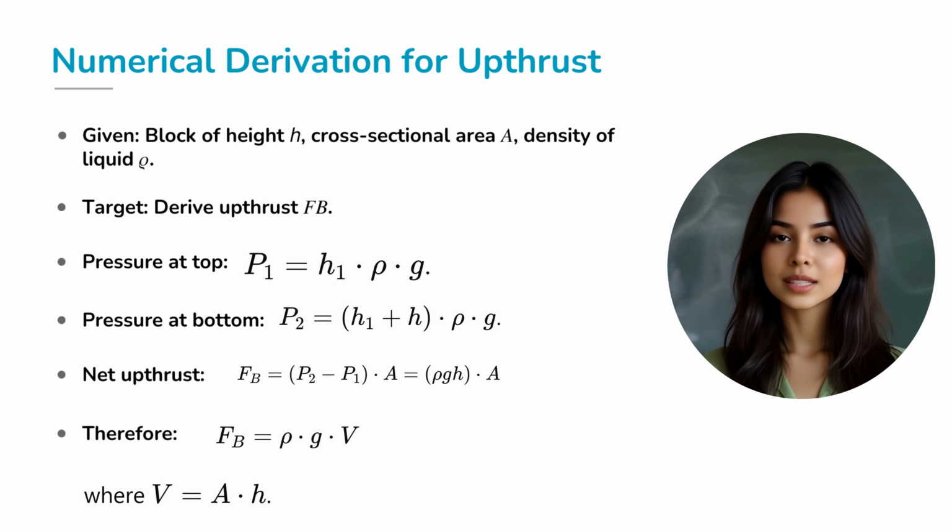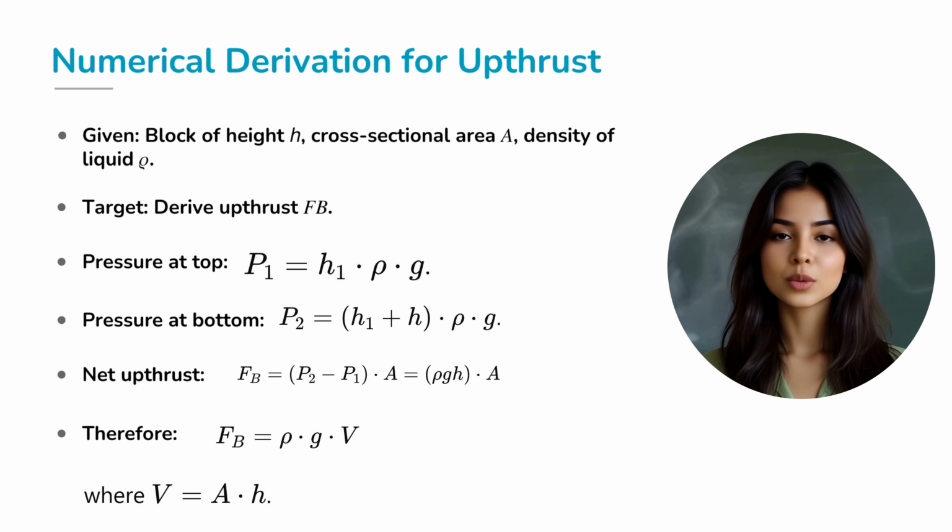Alright, let's derive the general expression for upthrust step by step. Take a block of height H and cross-sectional area A, completely immersed in a liquid of density rho. Step 1. Pressure at the top face, P1, equals H1 times rho times g. Pressure at the bottom face, P2, equals (H1 plus H) times rho times g. Step 2.